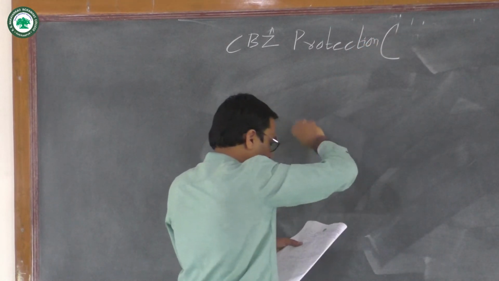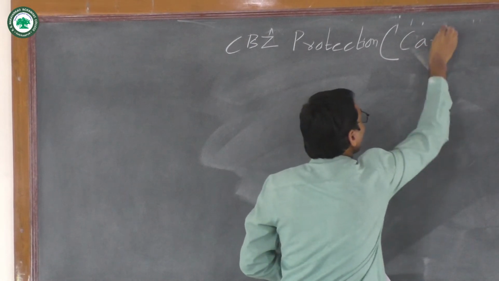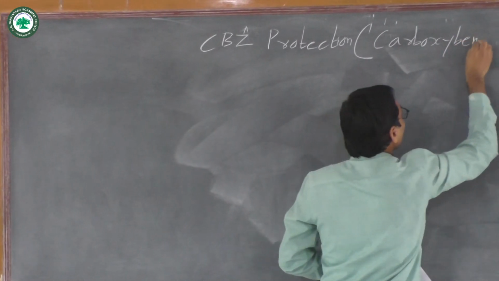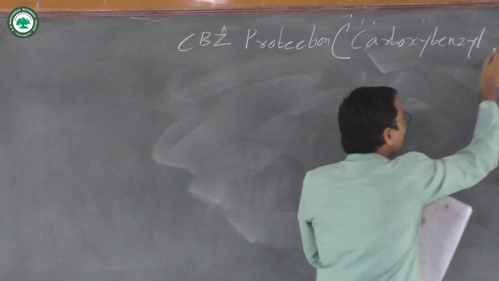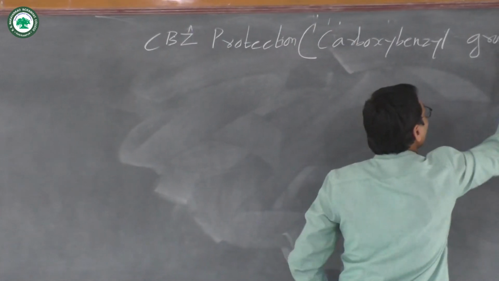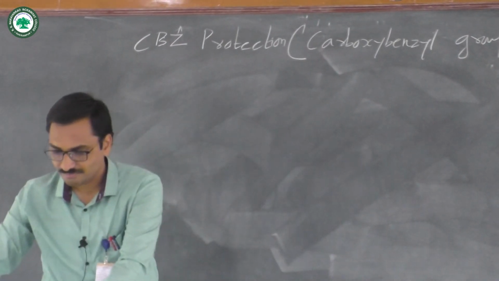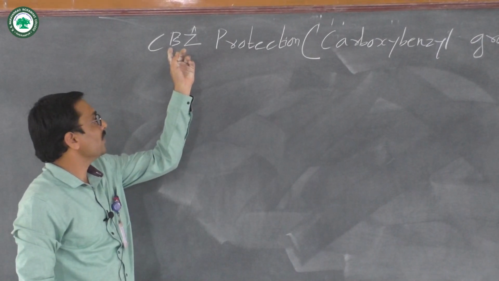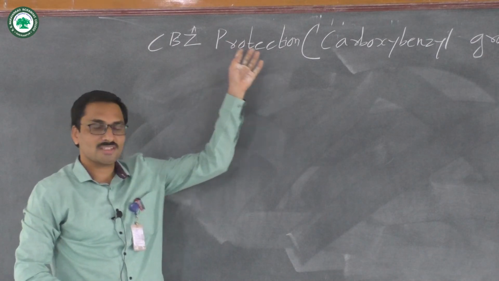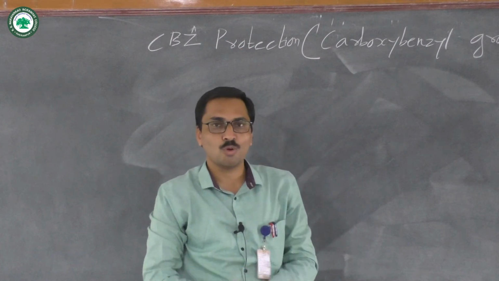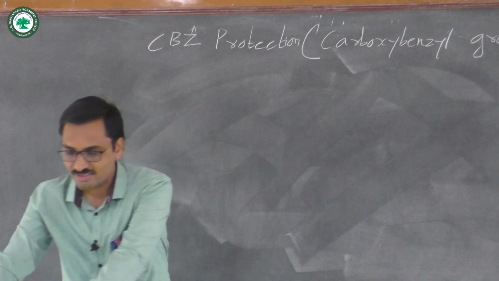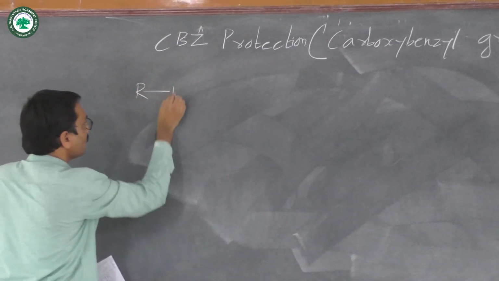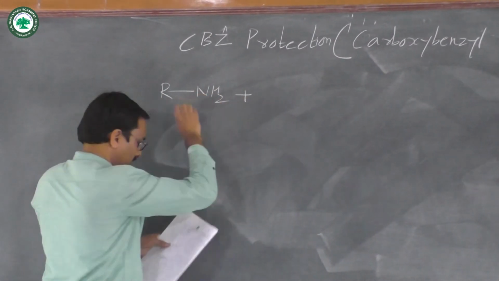Cbz protection, in short, or we can write carboxybenzyl group. Here we will see what the meaning of Cbz protection is. This Cbz protection can lower the basicity of the amines. Consider a general example. Here we use RNH2.